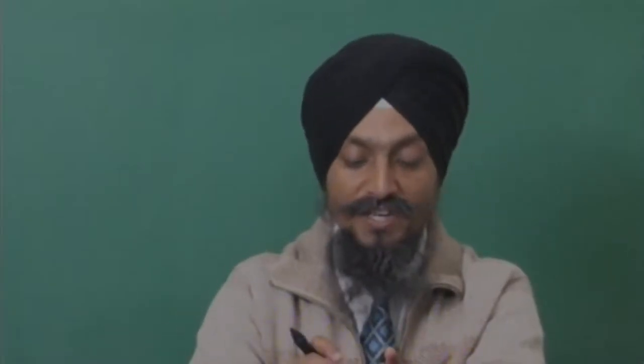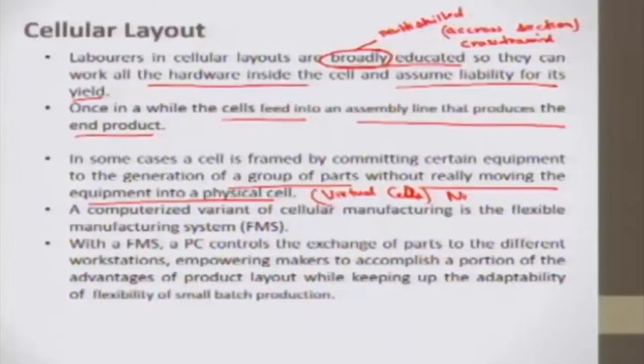This one machine in the drilling section and two machines in the milling sections are dedicated to this group only, this cell only. So this would be a virtual cell, not physically arranged into a single space, but the movement of the material would be high, but they are arranged, they are dedicated, I would say. So this is known as virtual cells, also they are called as nominal cells.